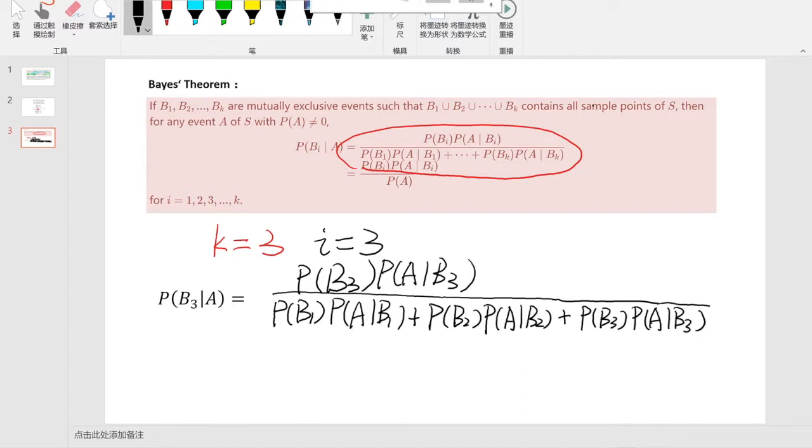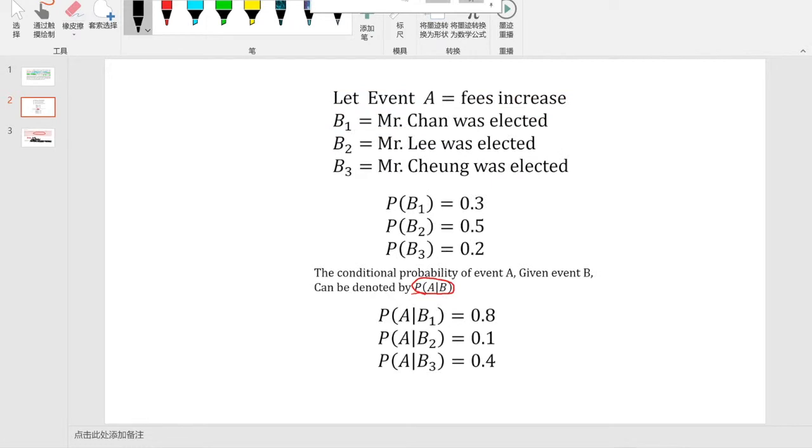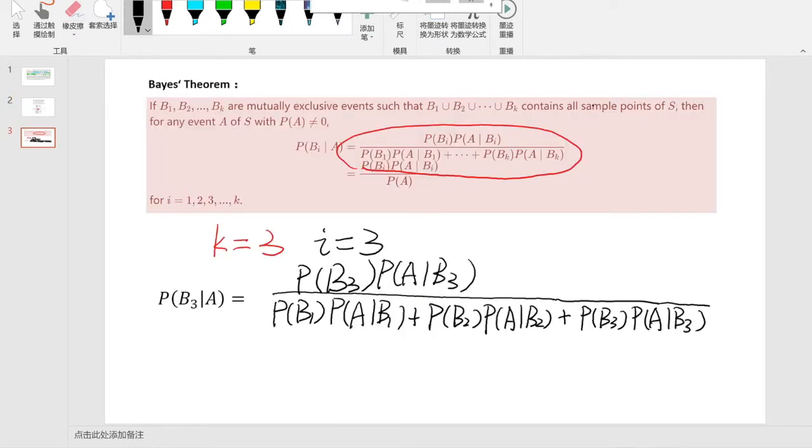Because K equals 3, we have completed Bayes' theorem. Then we can use the numbers in slide 2 to calculate the final answer.